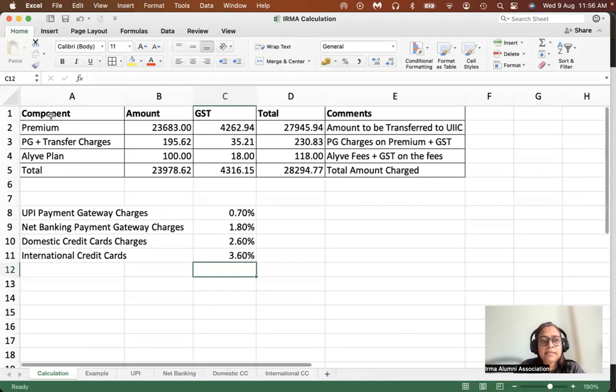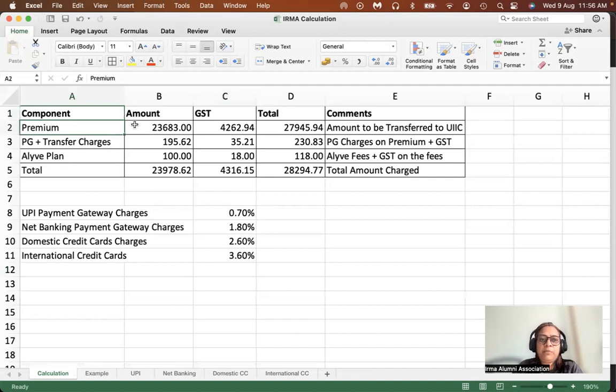Now, please have a look at this Excel sheet. Here, we have the premium amount, and then we have calculated the GST based on this base premium. So the total amount that is getting transferred to UIIC is 27,945. The payment gateway charges we've calculated on the UPI payment gateway rate, which is 0.7%, and the GST on that.